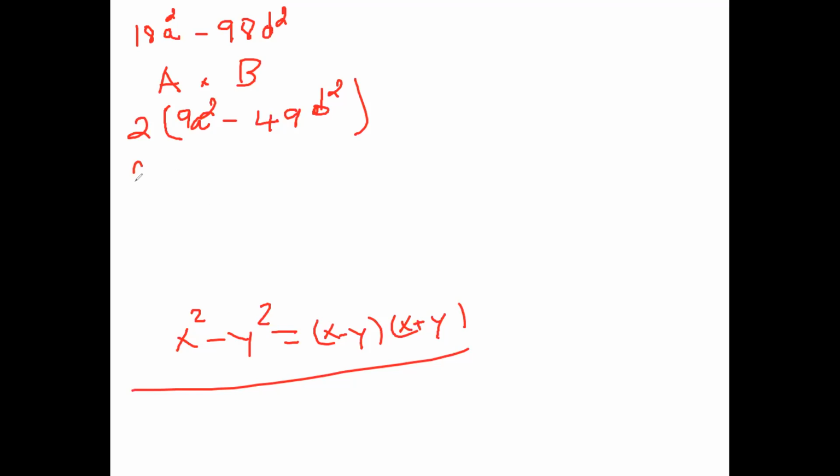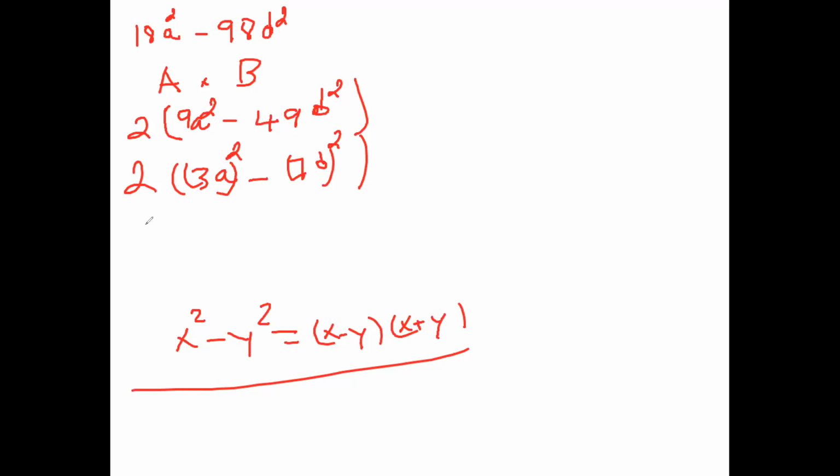So let's apply this here. What is the square root of 9a squared? It will be 3a to the second power, minus, and the square root of 49d squared is 7d to the second power. Does it look like x to the second minus y to the second?